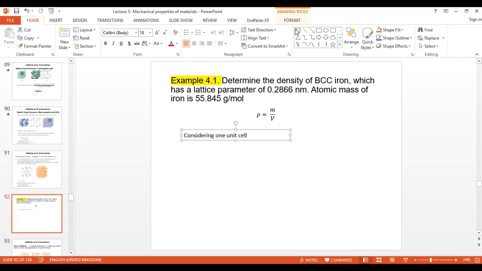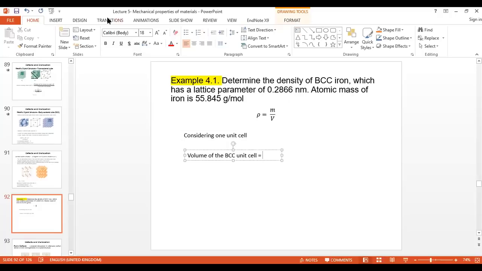Then what is the volume of the BCC unit cell? How do you find it? You have the lattice parameter, that means the edge length. Then if you multiply one side by the other side and the height, you can get the volume, right?